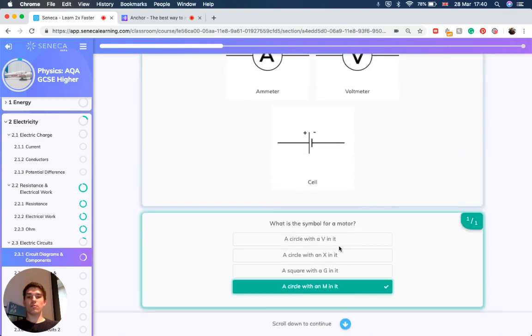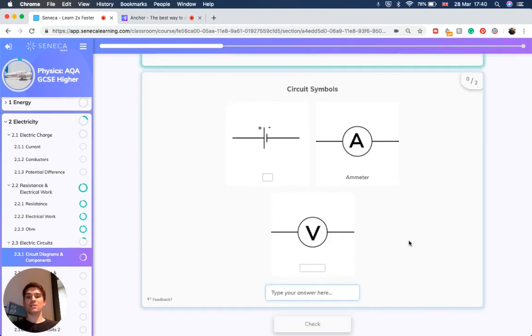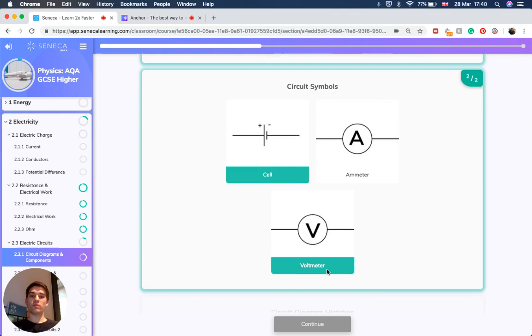The symbol for a motor is a circle with a capital M in it. Remember, the voltmeter and ammeter are capital V and capital A. Makes sense that a motor would be a capital M. And a long vertical line next to a short vertical line is a cell, and the voltmeter and ammeter we've just discussed.